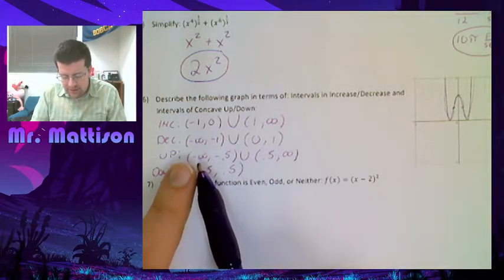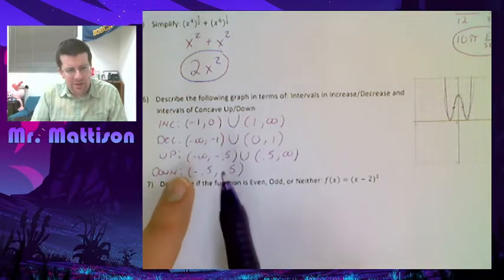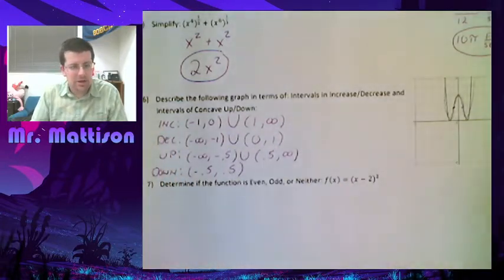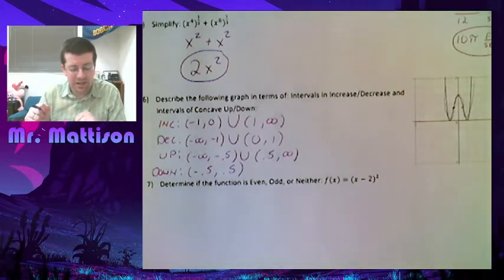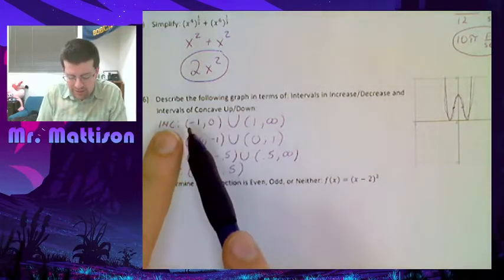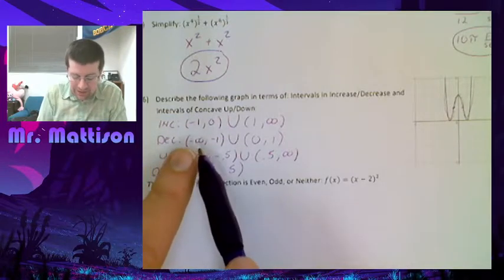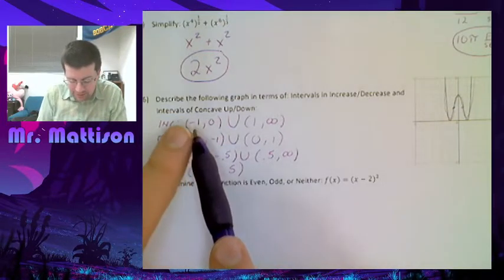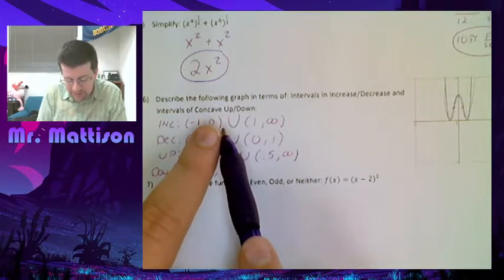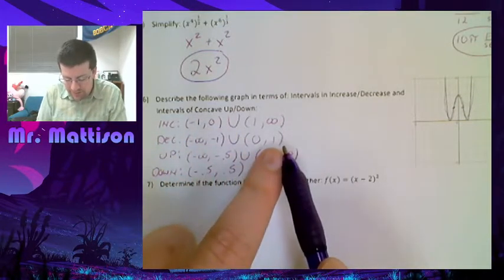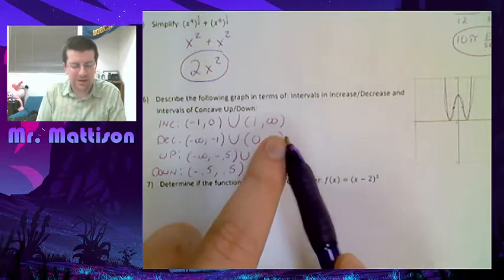So you can also check these by saying, well, everything should be taken up somewhere here other than those points where it's actually changing. So I'm decreasing from negative infinity till -1. Then from -1 till 0, I'm increasing. Then 0 to 1, I'm decreasing. Then 1 to infinity, I'm increasing again.